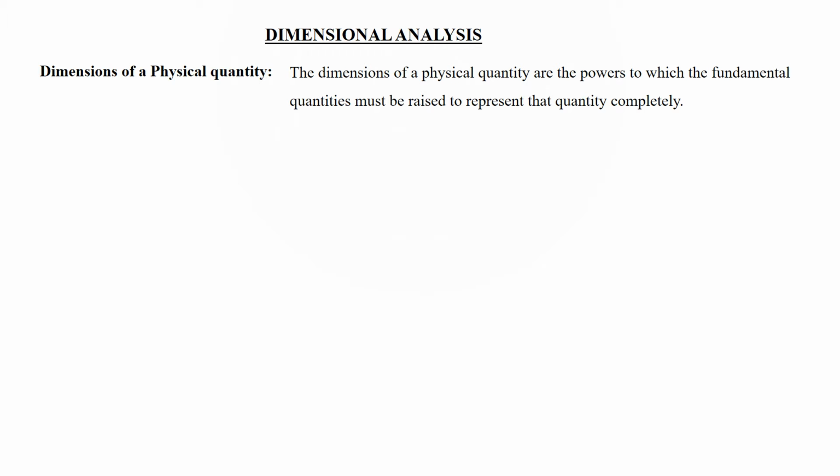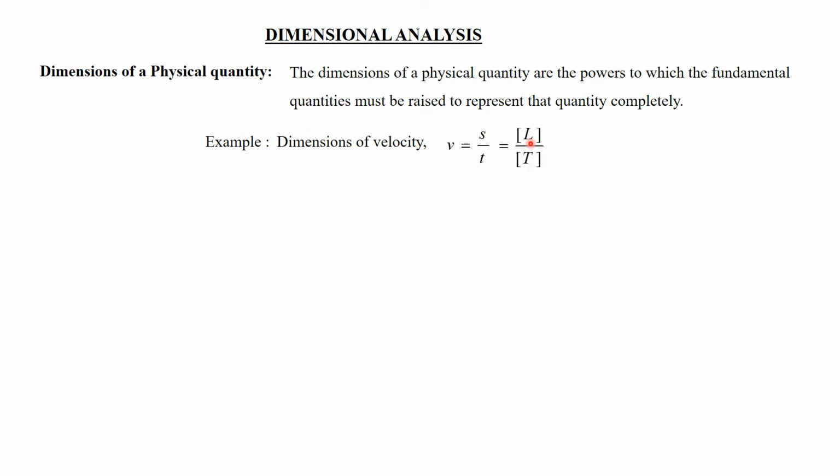First of all, what is the dimension of a physical quantity? The dimension of a physical quantity is the power to which the fundamental quantities must be raised to represent that physical quantity completely. Let's take an example. Let's find out the dimensions of velocity. Velocity is displacement upon time.